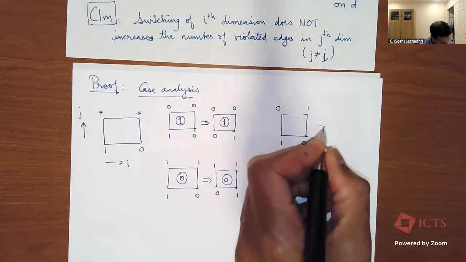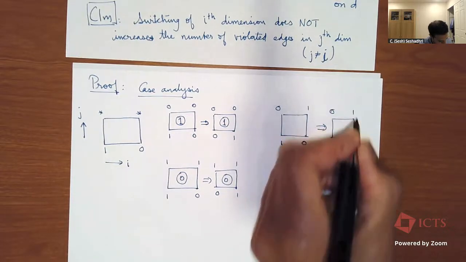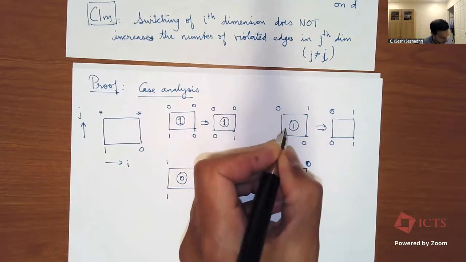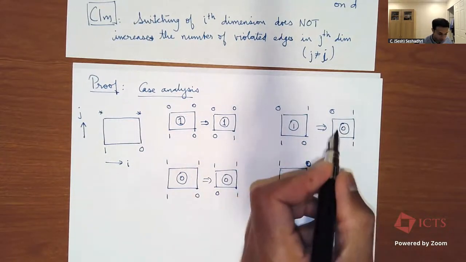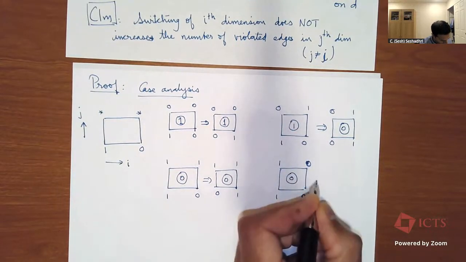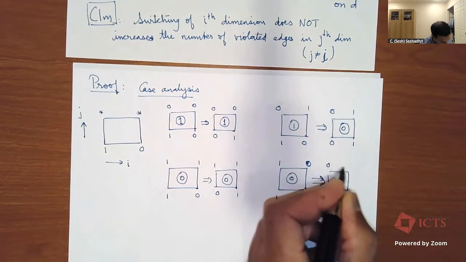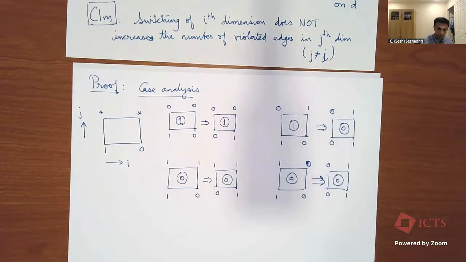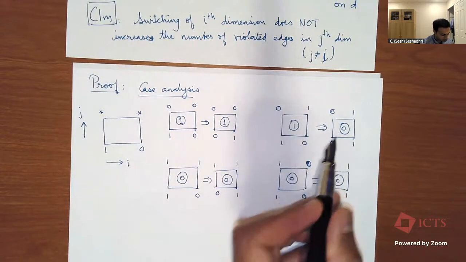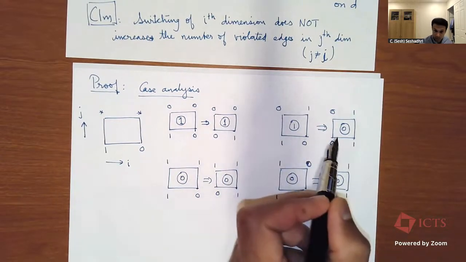Now in this situation, you go 0, 1, 0, 1. There was 1 violated edge in this dimension, and now there are 0 violated edges. It decreased. And over here, there were 0 violated edges to start with, and after doing the switching, there are still 0. So in the jth dimension, the number of violated edges has never increased. It has always stayed the same or decreased.